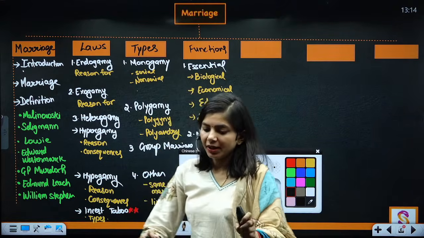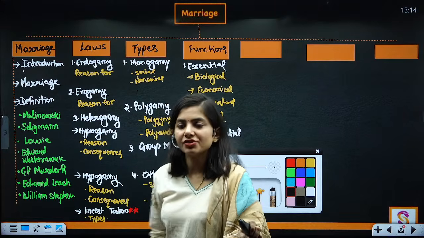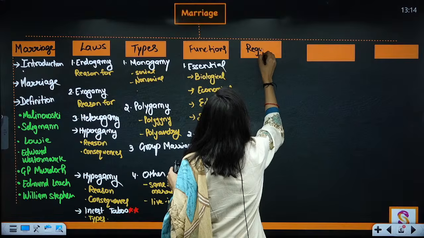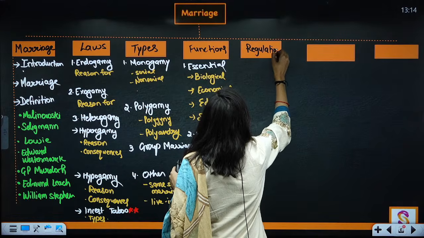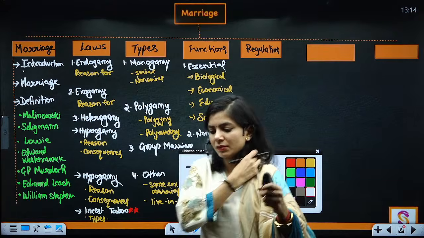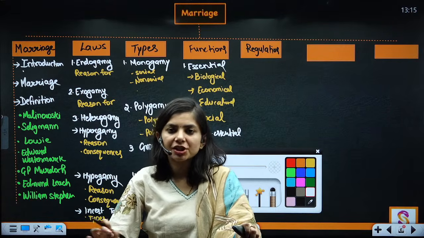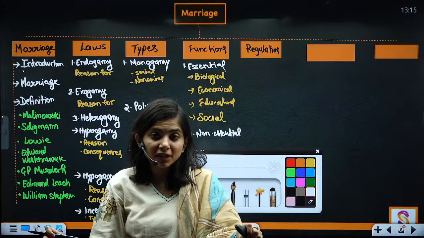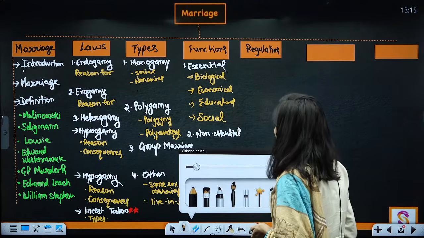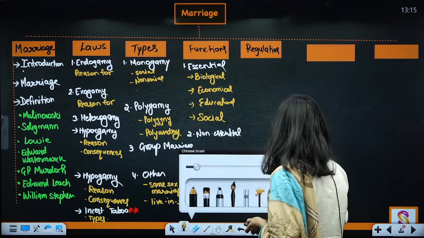Now after the function we have to do the marriage regulation. In terms of marriage regulation, we have to do prescriptive norms and preferential norms, as they had been mentioned.